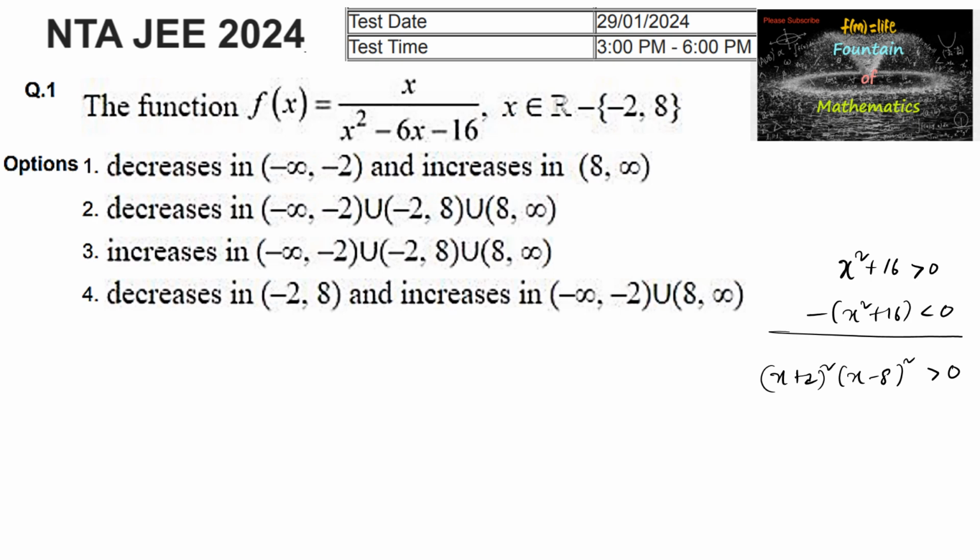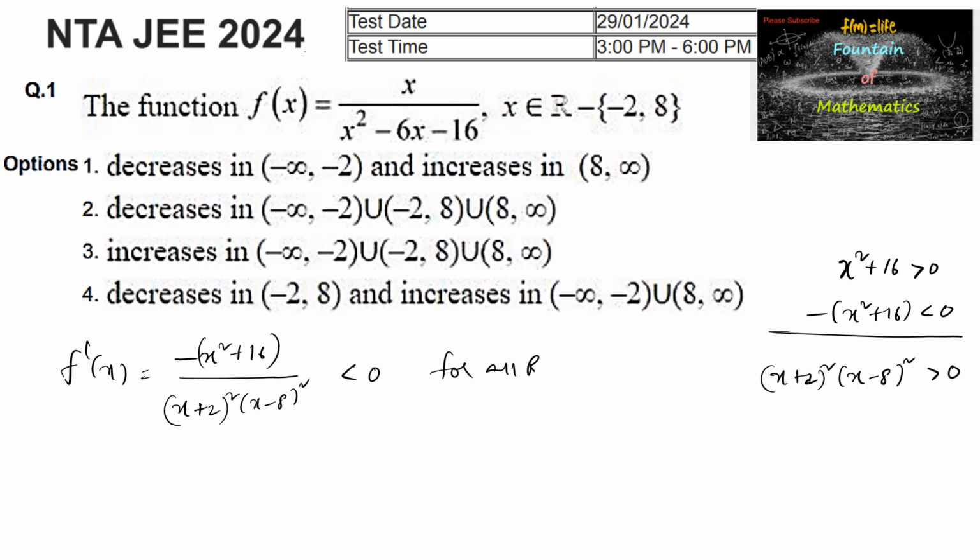So we can write f dash of x is equal to minus of x square plus 16 upon x plus 2 whole square into x minus 8 whole square is always negative for all real numbers except minus 2 and plus 8, because they are in the denominator which cannot be equal to 0, and hence according to the property, if f dash of x is less than 0 in the interval, except minus 2 and 8, it is decreasing.